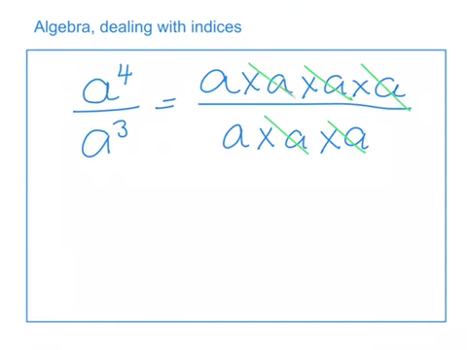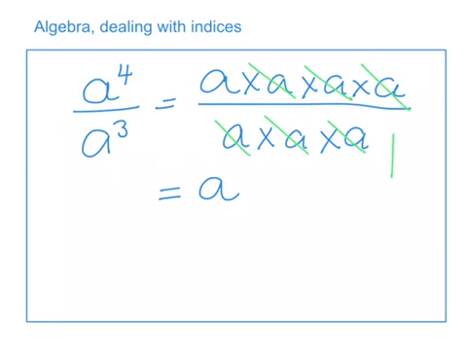And then if I divide by another a and another a, that leaves me just with 1 as my denominator, and that leaves my top line just as an a. So the value here is all equal to a. Now, if you notice, I've got a raised to the power 4 divided by a raised to the power 3. 4 subtract 3 does give me 1.